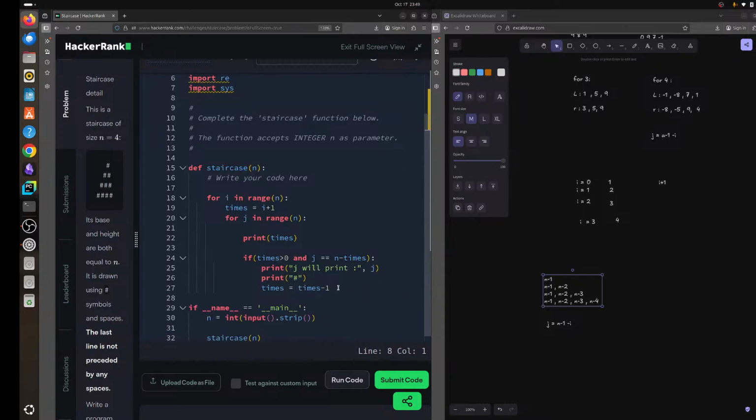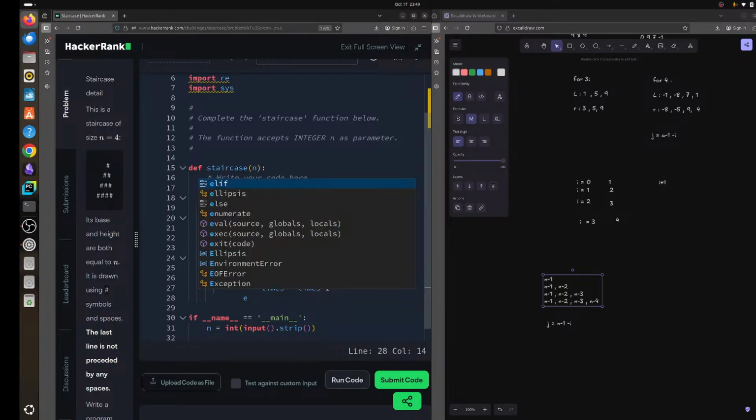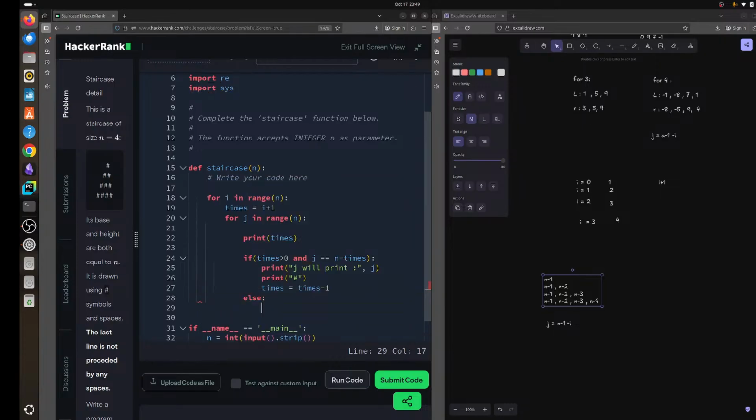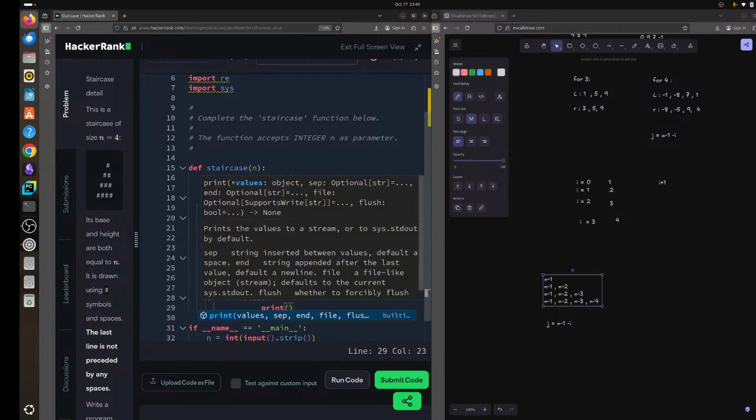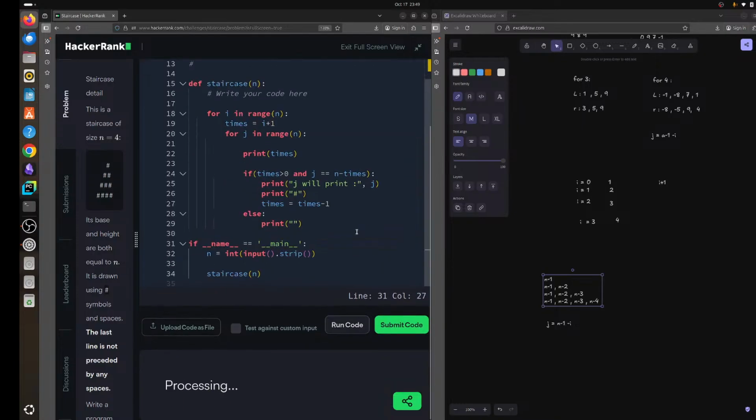Now let's put the else block also. Else what will it print? Print space. Run code.